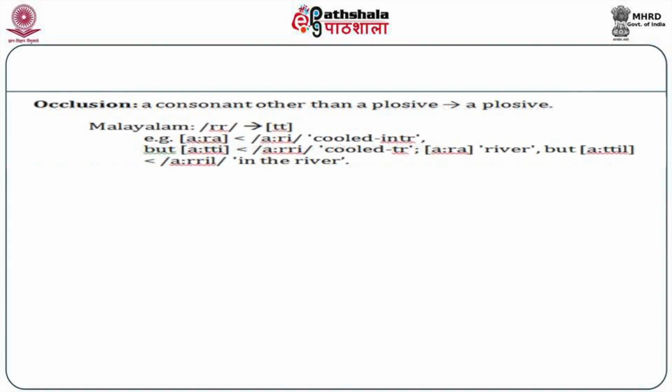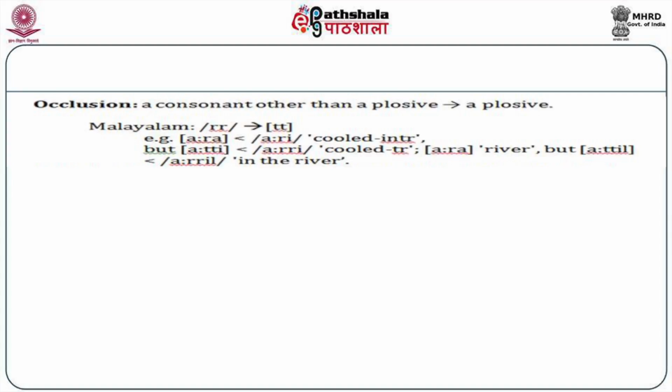Occlusion is not a very common phenomenon. However, occlusion is found in some Indic languages such as Malayalam. What it means is that a non-plosive sound becomes a plosive sound. In Malayalam you find a geminate r, that is, when r occurs twice, it becomes a geminate th. We have examples such as the following.